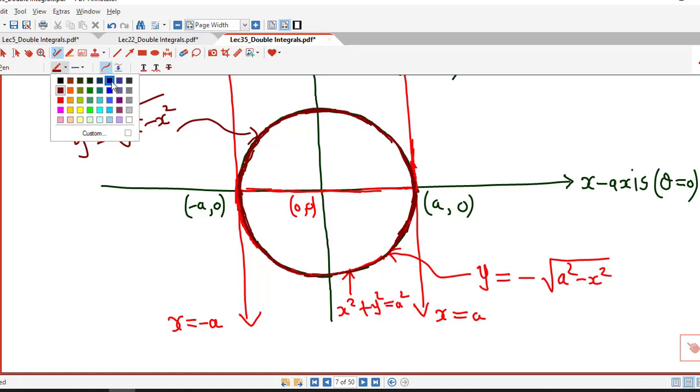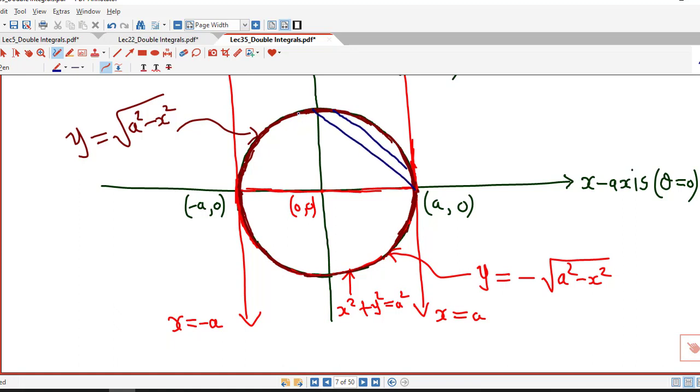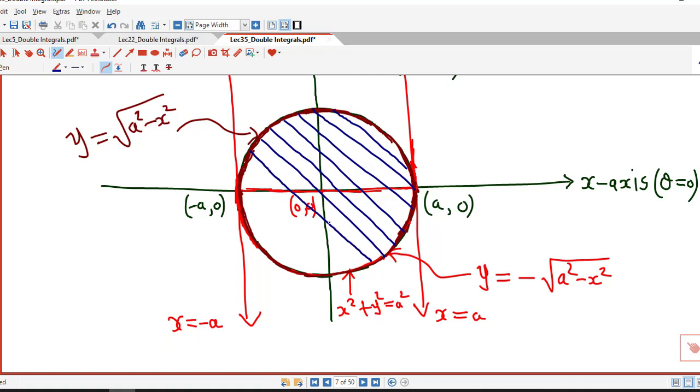So our region of integration is the whole circle with center origin and radius a. So this is the example in which our region of integration is the circle x square plus y square equal to a square. So this is our region of integration, and now we can find out the limits of polar coordinates.